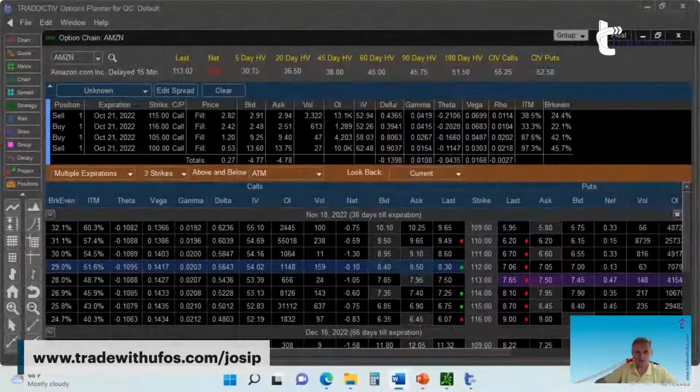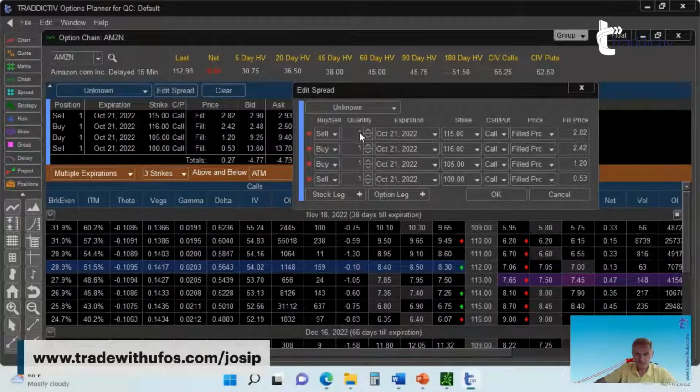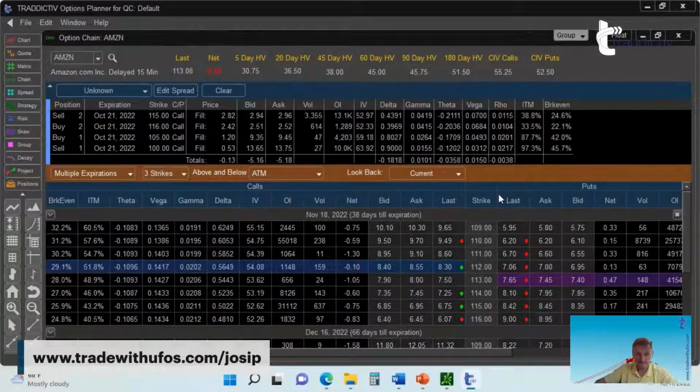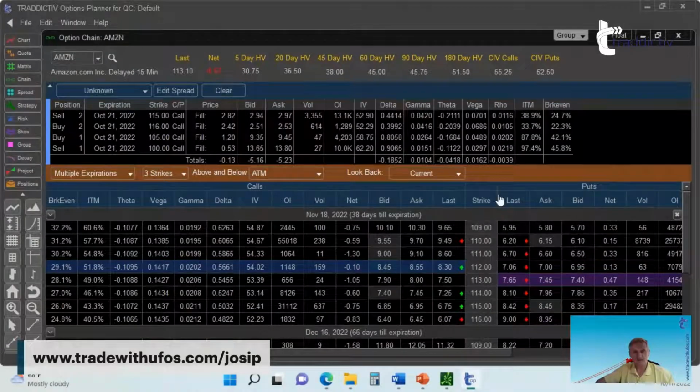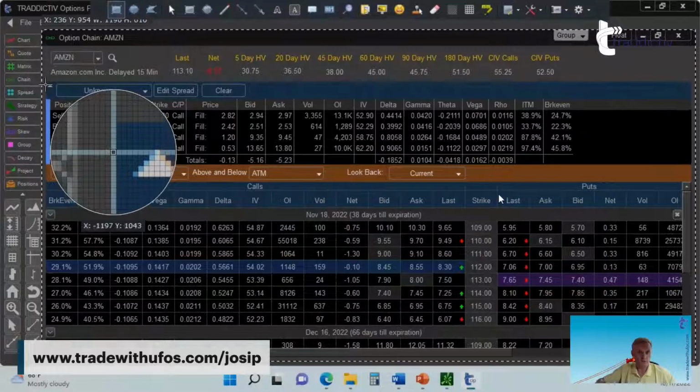And I'm going to go over here, edit the spread. And instead of one, I'm going to make it two. The lower one, I'm going to leave. And there it is. This is the beauty of our improvement.